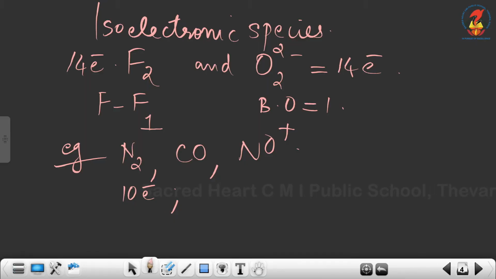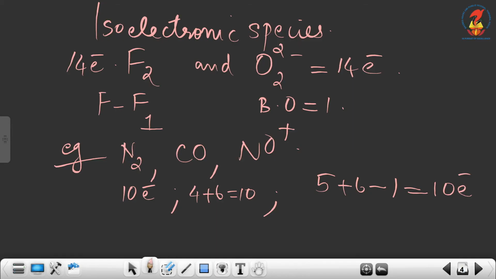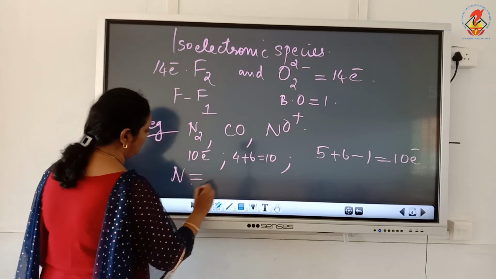Carbon monoxide, we have 4 plus 6, which is equal to 10 electrons. Then NO plus means we have 5 plus 6, and the plus charge shows that 1 electron is removed, so minus 1. 6 plus 5 is 11, minus 1, which is again equal to 10 electrons. So these three are isoelectronic species, and you know N2 exists as N triple bond N.